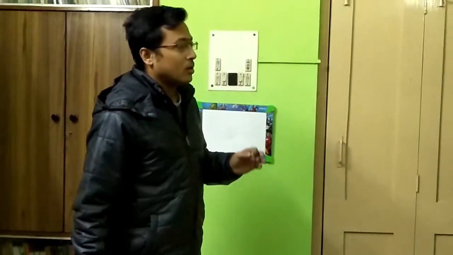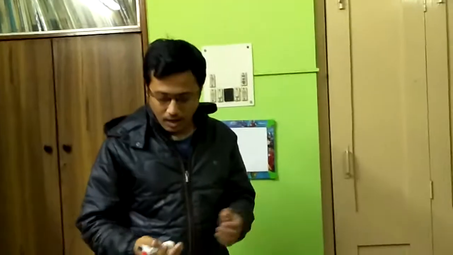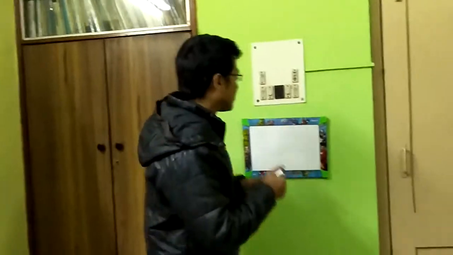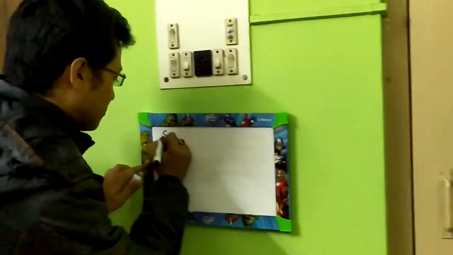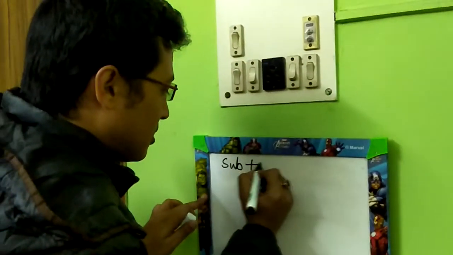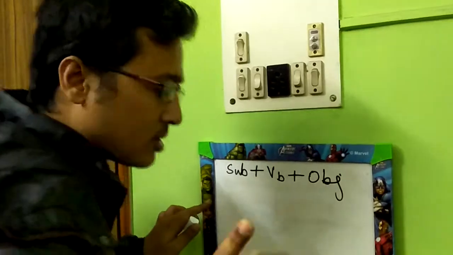So first of all, we need to understand how we should change the voice of a sentence. Now, to change the voice of a sentence, or to change the sentence from active to passive, there are certain rules and regulations which we have to follow. For example, how is a sentence formed? Subject, then verb, then object, isn't it?